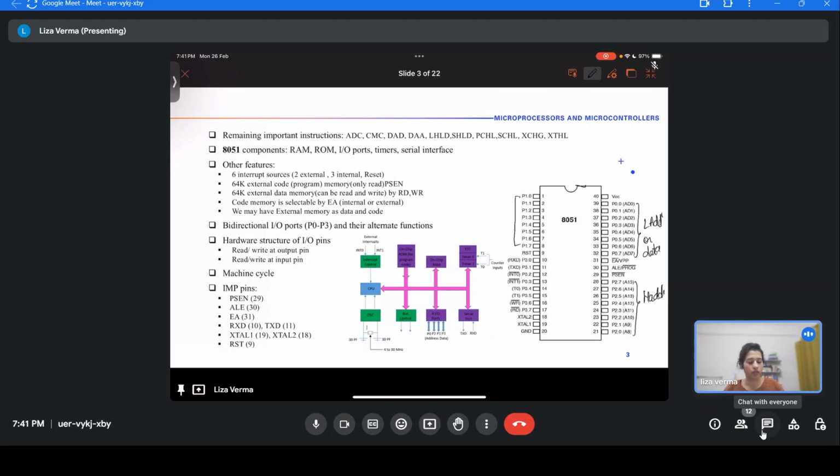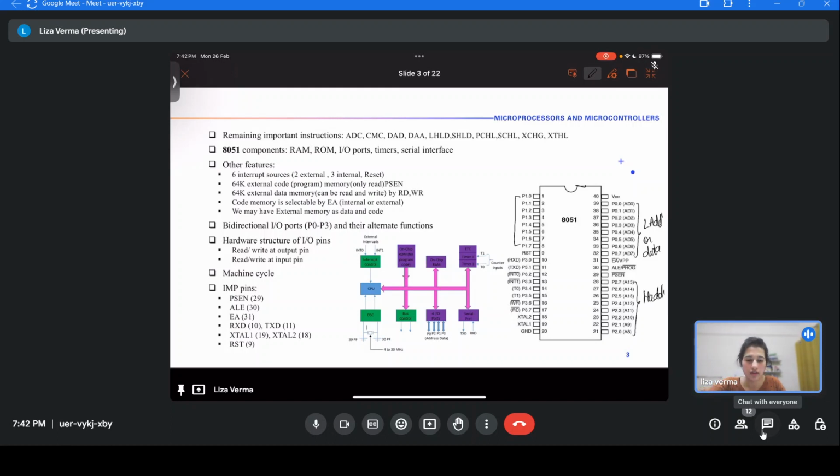Again, returning to my previous question, how many 16-bit registers are there in 8051? Two.